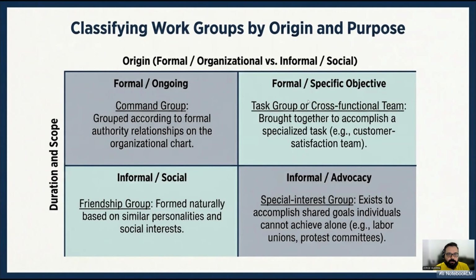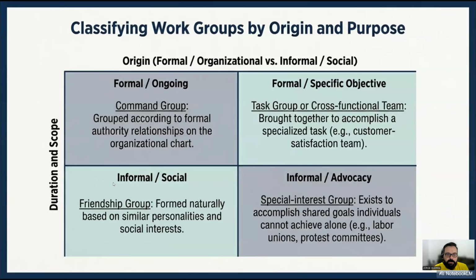Then on the upper right side, we have the formal or specific objective group, where groups are brought together to accomplish a specific task. Let's say that you've been assigned a goal, and this group came together to tackle that goal.